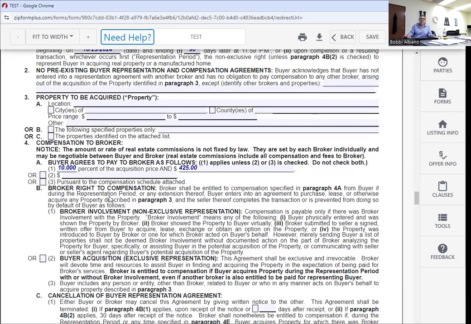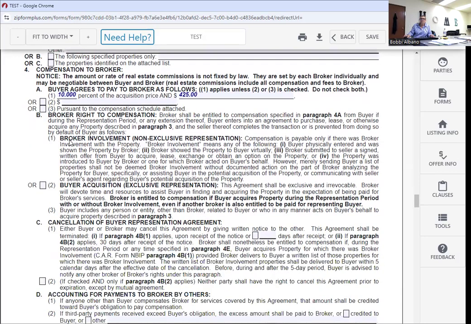So what this is saying is that your buyer is obligated to pay you if the property he buys is up here and the compensation here is the amount that he's obligated to pay.